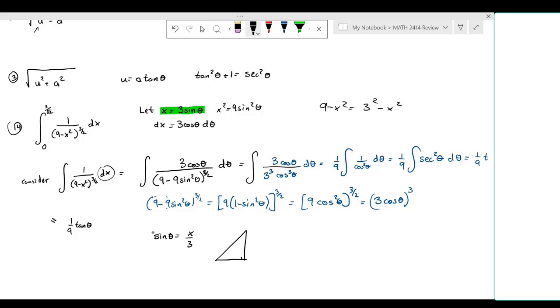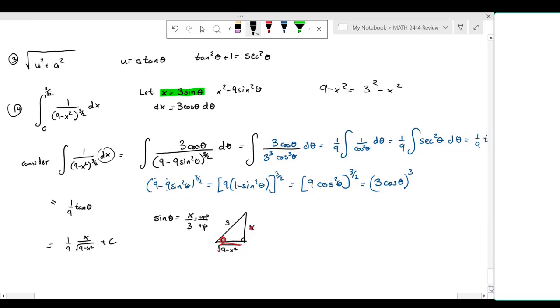In a right triangle, x is the opposite side, and 3 is the hypotenuse. Then we use the Pythagorean theorem to get the third side, and now we can easily read off tangent of theta, which is opposite over adjacent. And that would be our antiderivative.